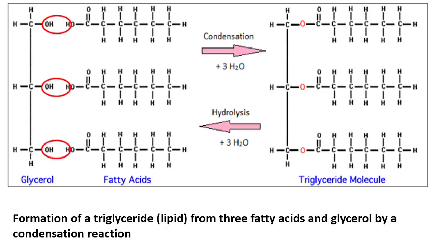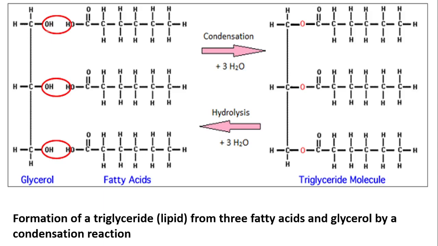Okay, so this is just the formation of triglyceride from 3 fat acids. If you look at this point, you need to understand that the fat acid is using the carboxyl group to react with the hydroxyl group of the glycerol.